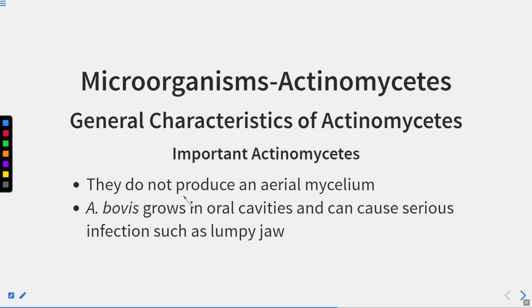They do not produce an aerial mycelium, and A. bovis grows in the oral cavities and can cause serious infections such as lumpy jaw. So they are pathogenic also, right? A. bovis grows in the oral cavities and can cause serious infection such as lumpy jaw.